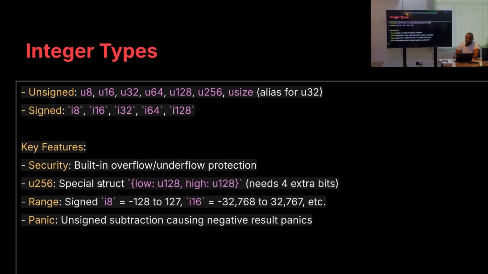Then we also have 256. Don't forget that a felt is actually 252 bits, right? Then we have 256, which is larger than 252. In this situation, we have what is known as a special struct that takes two 128s that fit into 252 bits. Are you following? 256 is larger than 252, right?